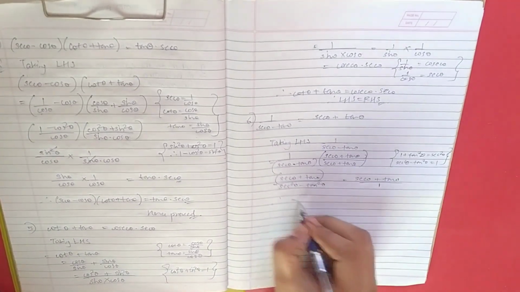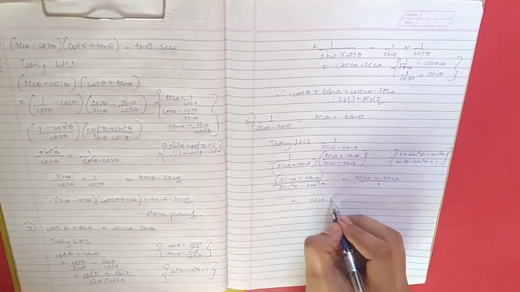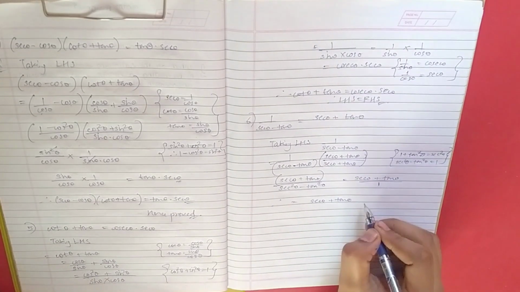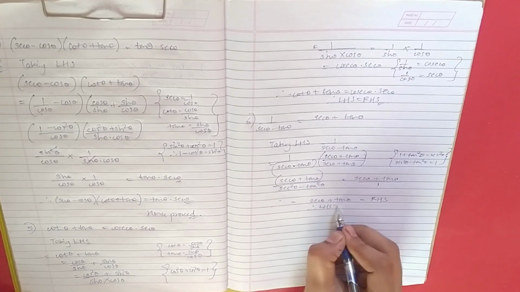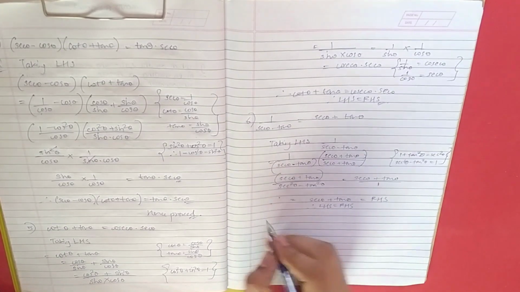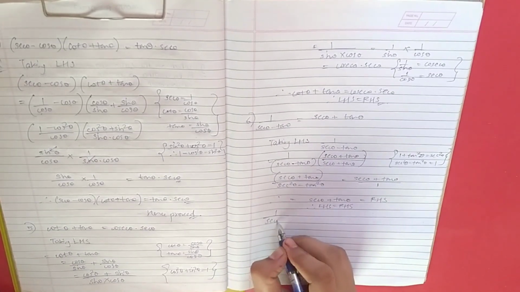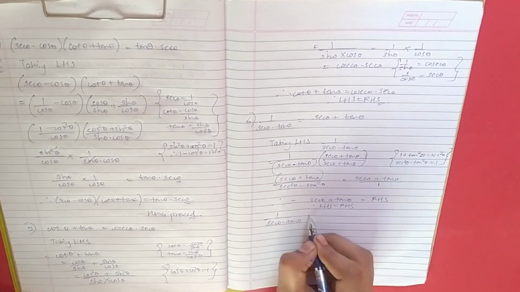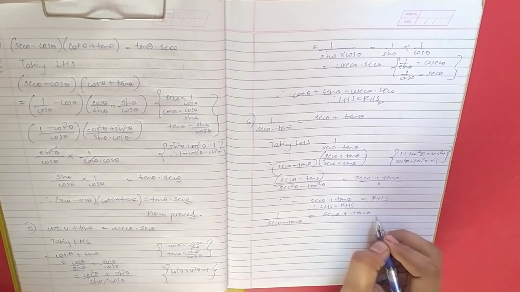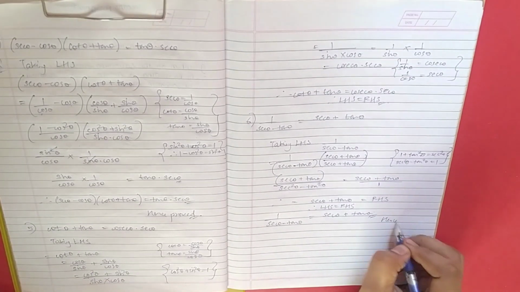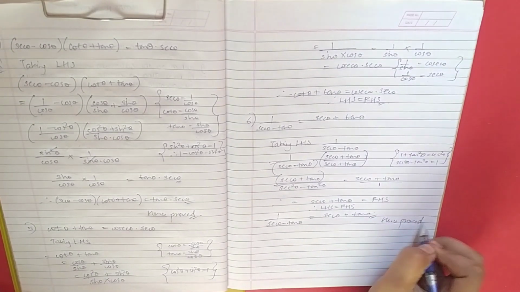Then this is sec theta plus tan theta, which is right hand side. Therefore left hand side equals right hand side. Therefore 1 upon sec theta minus tan theta equals sec theta plus tan theta. Hence proved.